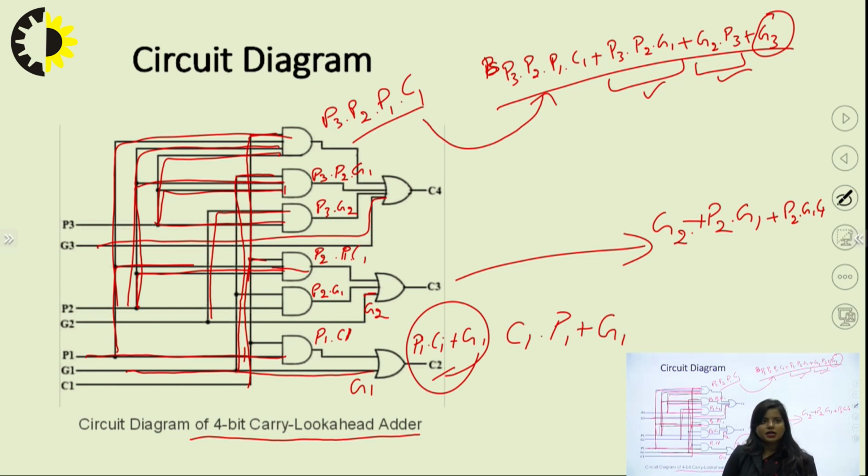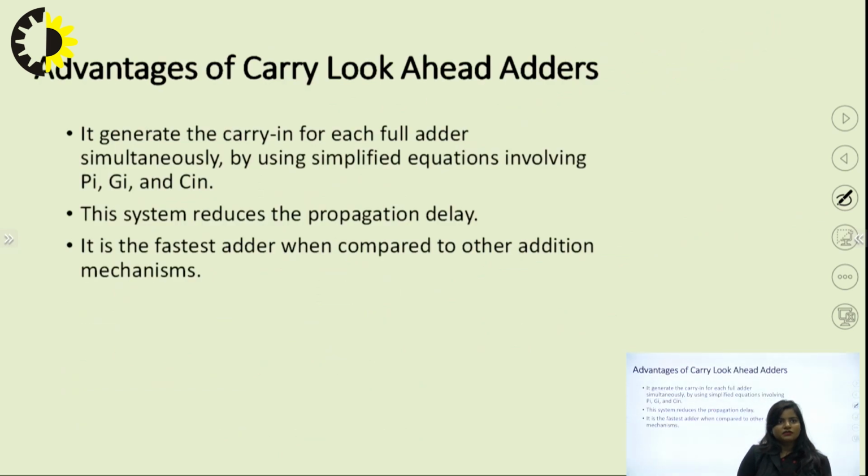In the last part, I want to give you a brief overview of the advantages of the carry look ahead adder. Why are we using it? Earlier we had the half adder and full adder. This circuit generates the carry in for each full adder simultaneously by using simplified equations involving Pi, Gi and Cin.